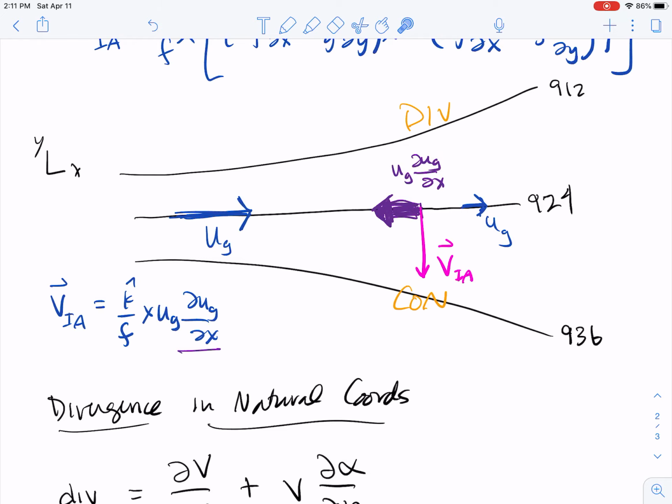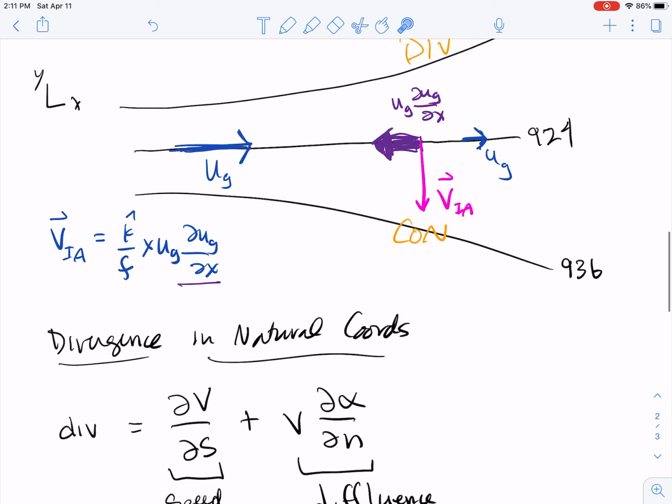So be careful when we're talking about diffluent patterns. Diffluent patterns in and of themselves may or may not help the divergence of the pattern. At this modern date, when we no longer have to rely on just visual cues on our maps, but can actually calculate things, it would be much better to calculate the divergence in an area to better know what's going on in the atmosphere.